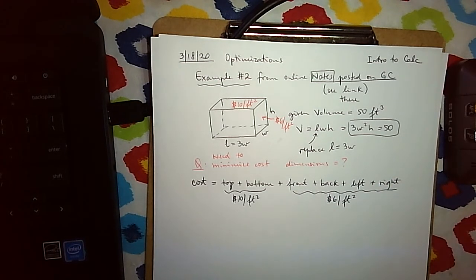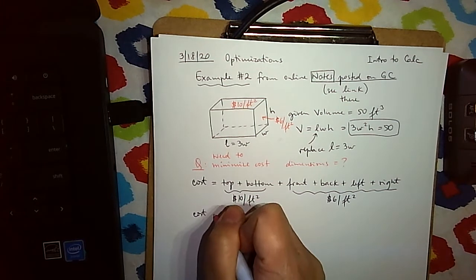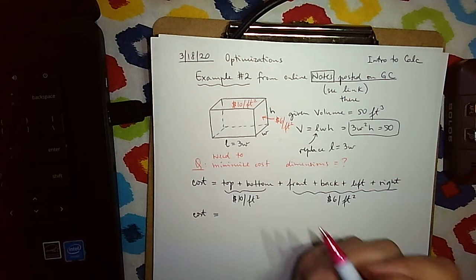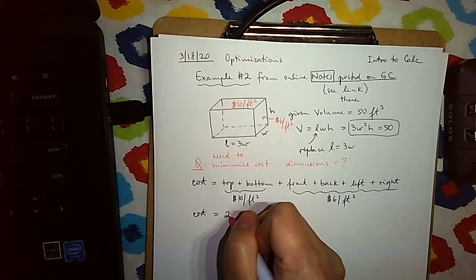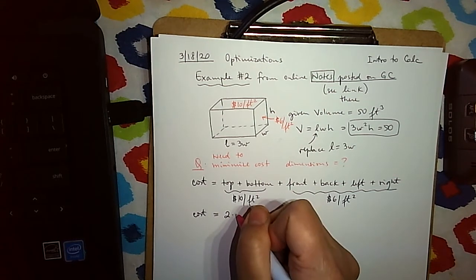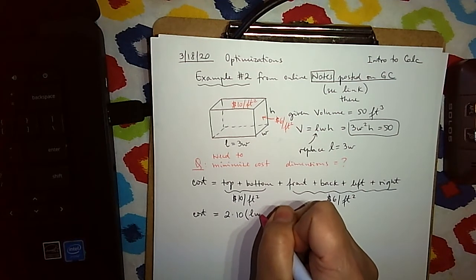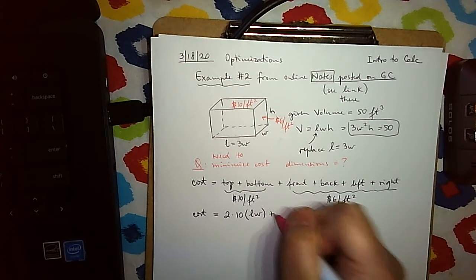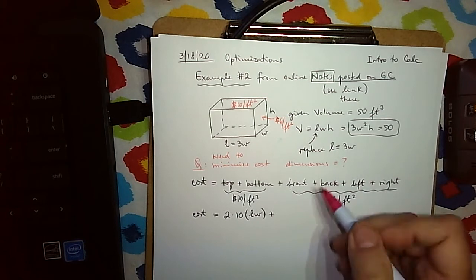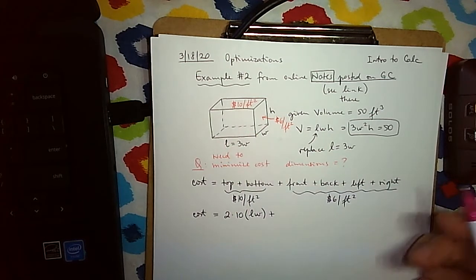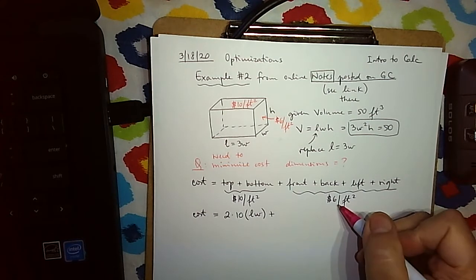So now I'm trying again to get my memory from geometry to figure out the cost. For the top and the bottom, they are congruent, which makes two of these pieces that cost $10 each. To calculate that part, we are going to use LW. For the front and back, which are going to be the same calculation, that's going to be $6.